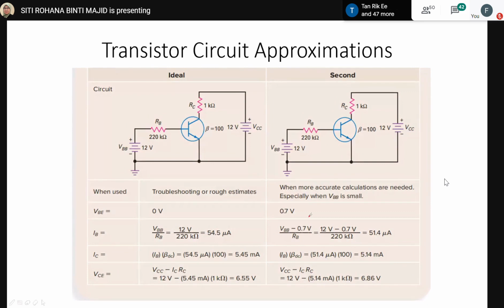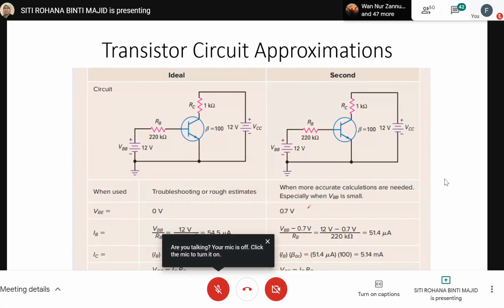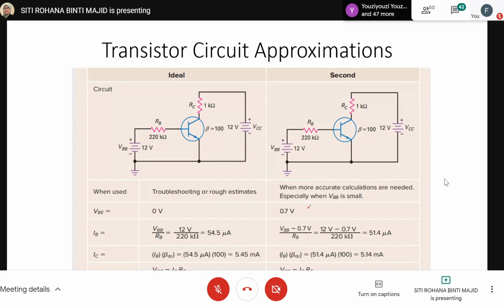But when you use a practical PN junction or diode, you will have the contribution of the material, which is the potential barrier, or what we call VBE on. For example, in this slide it is 0.7 volt, which indicates that this PN junction is made from silicon semiconductor.